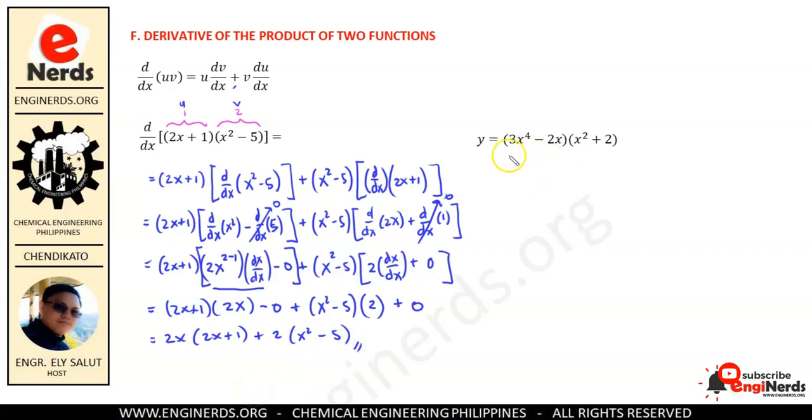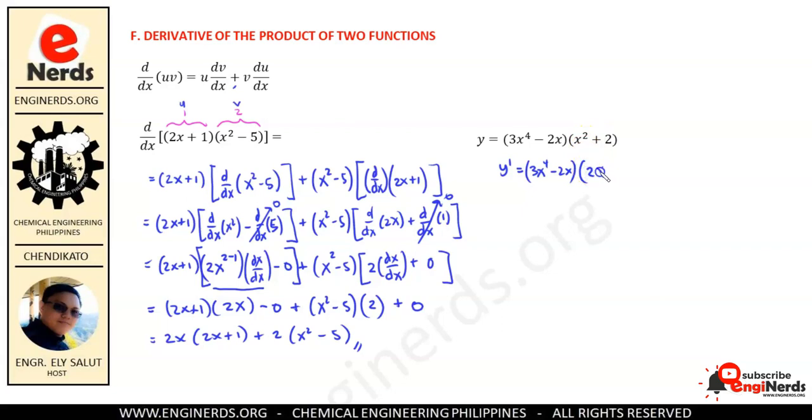So the same way here, we have y prime is equal to, kopyahin muna natin itong unang function. We have here 3x to the 4th minus 2x times the derivative of x squared plus 2. So now I'm going to do it faster. What's the derivative of x squared? So we'll take down our exponent.